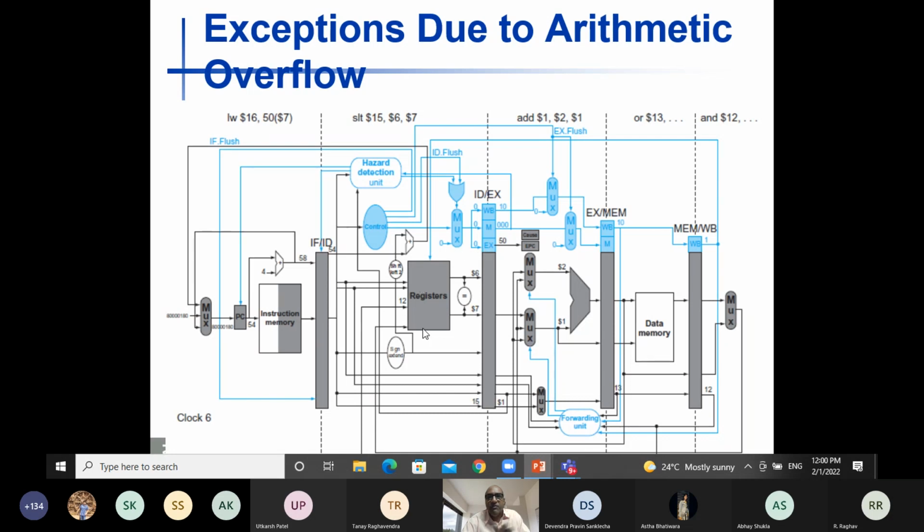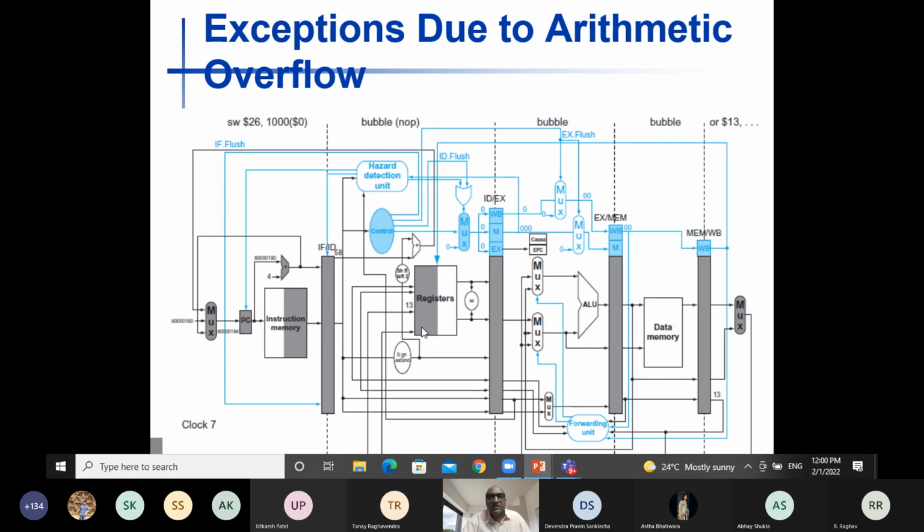This is just before the exception occurs. After the exception occurs, the bubbles will be placed in the corresponding places, the instruction will be flushed out, and the desired instruction from the service routine will be fetched, like SW, the store word, which corresponds to the instruction starting from the exception handler. It's like control going to some other place where the instructions have to be executed.